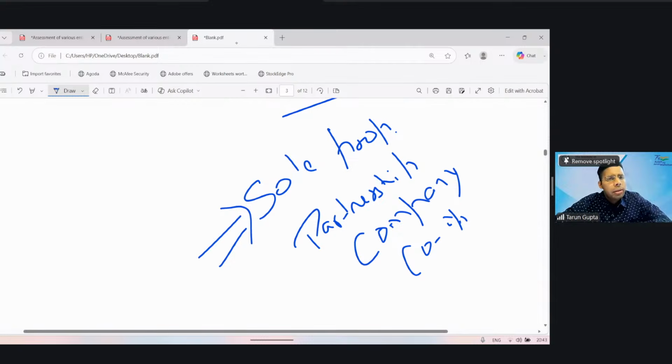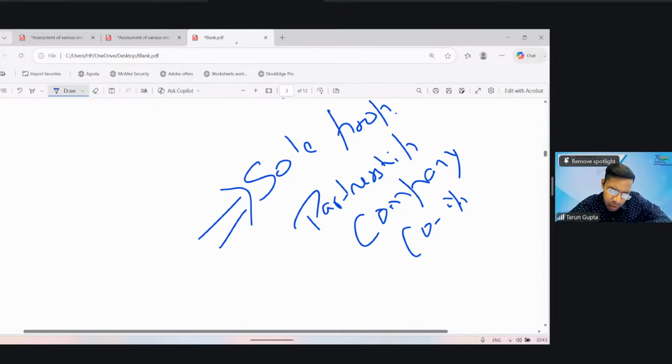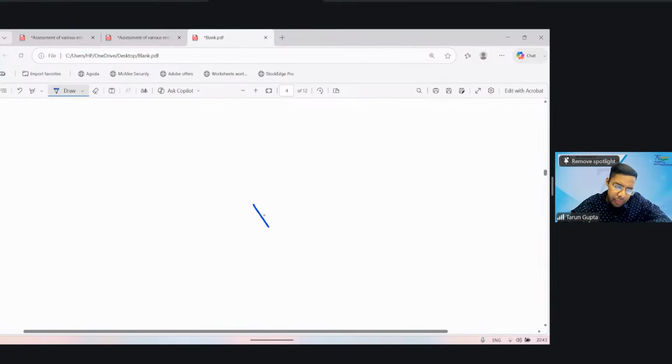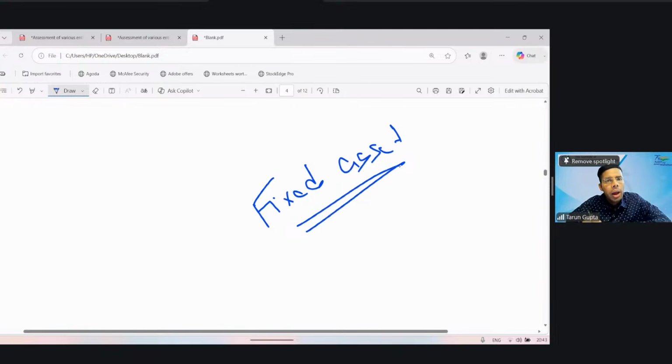So all this depends on the nature of business. The selection of the entity depends upon the nature of the business and associated tax provisions. Lastly, if you purchase some fixed asset, if you're a company or whatever, no additional depreciation is allowed under the new regime.